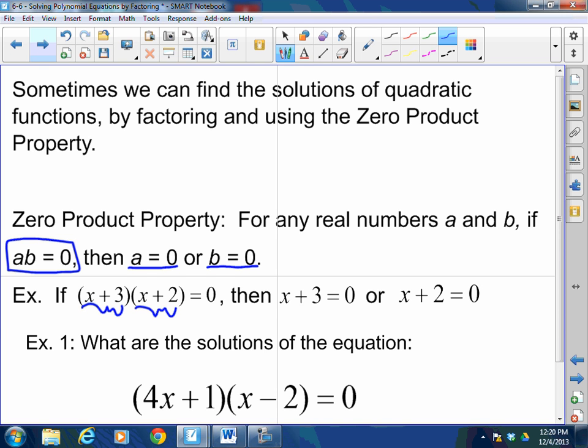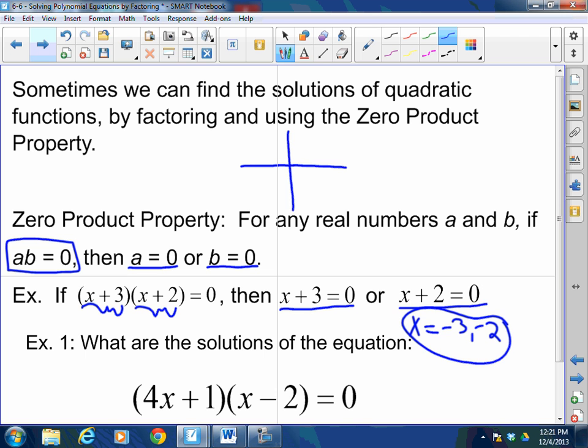So in this case, I set x plus 3 equal to 0 and/or x plus 2 equal to 0. And then when I solve that, x will equal, in this case, negative 3 and negative 2. That means that on a parabola, at -3 and -2, the graph goes through those 2 points.